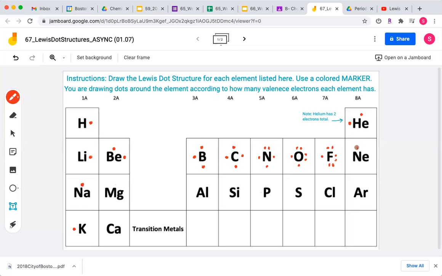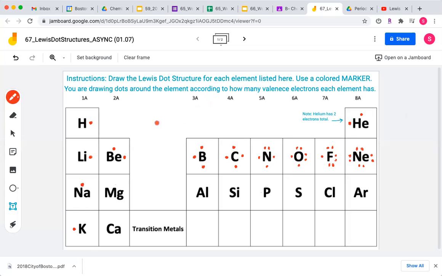So I'm just gonna go ahead and draw 2 electrons side by side for neon on each side, because that's gonna be 8. All right, so that's my neon Lewis dot structure.